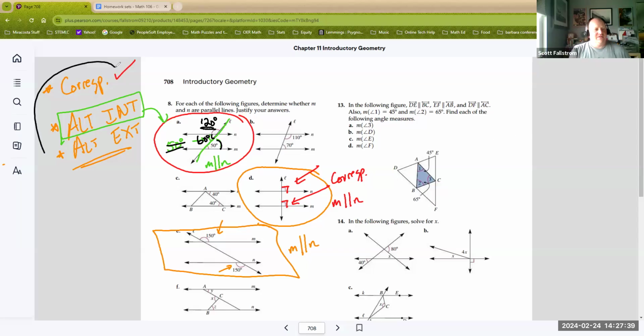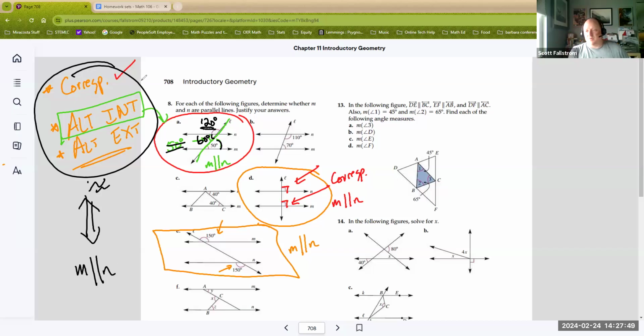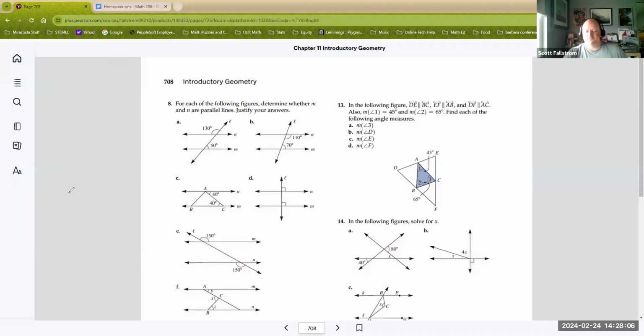So again, this congruent is a two-way street to M is parallel to N. And that also means, remember the biconditional from chapter 2. If this is false, then the lines are not parallel. So if it works, they're parallel. If it doesn't work, they're not parallel. So we actually have a very, very strong statement here related to these.